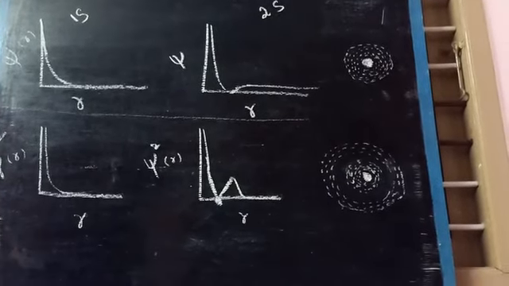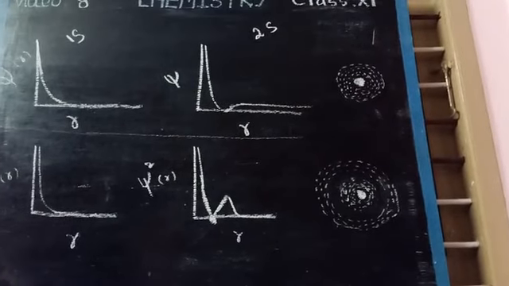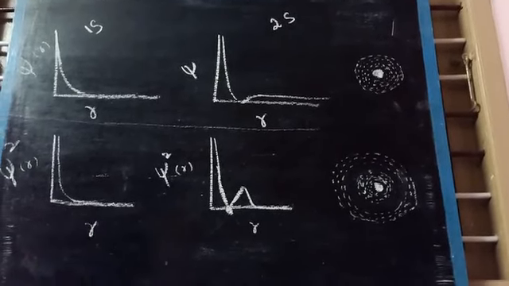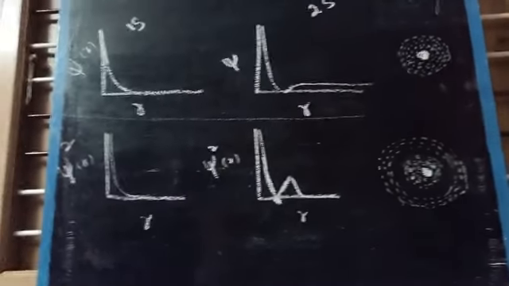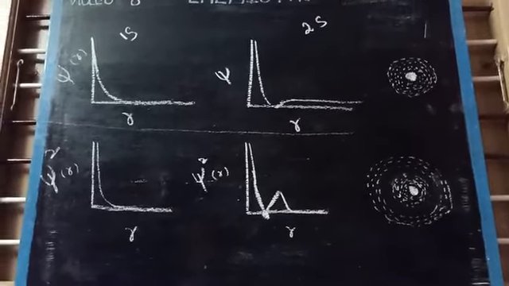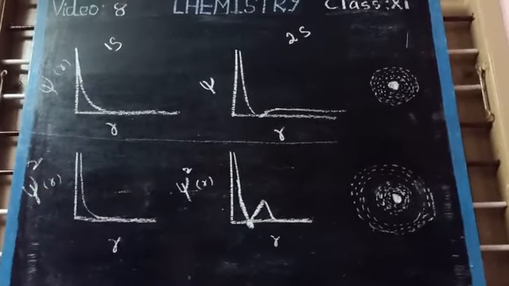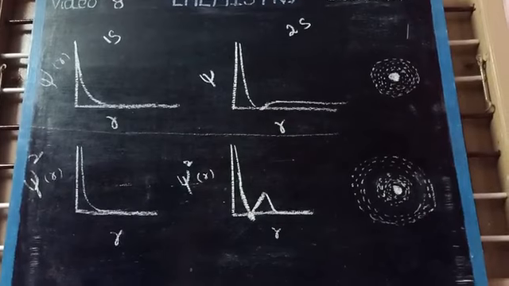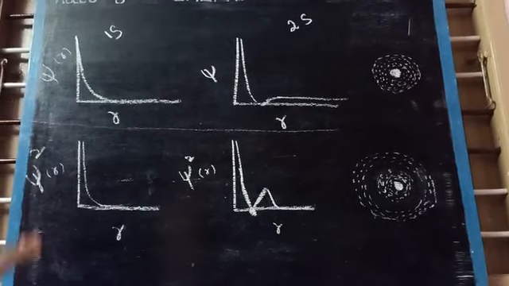Now I draw the graph. Using the graphical representation, we talk about the shape. For this session I talk only about the s orbital. So first I draw the 1s as well as 2s orbitals. Okay, so see here, I draw 4 graphs.